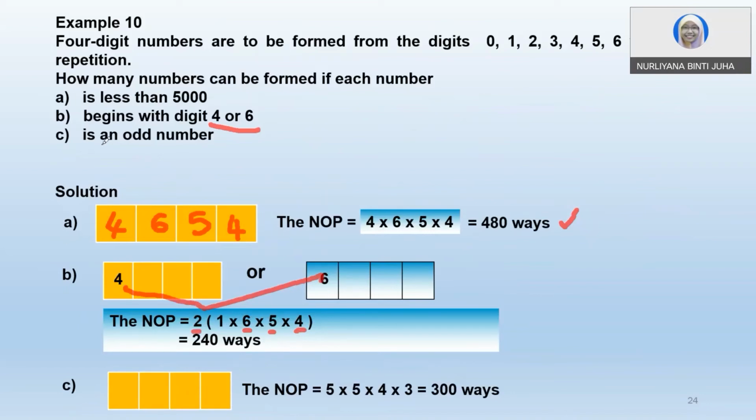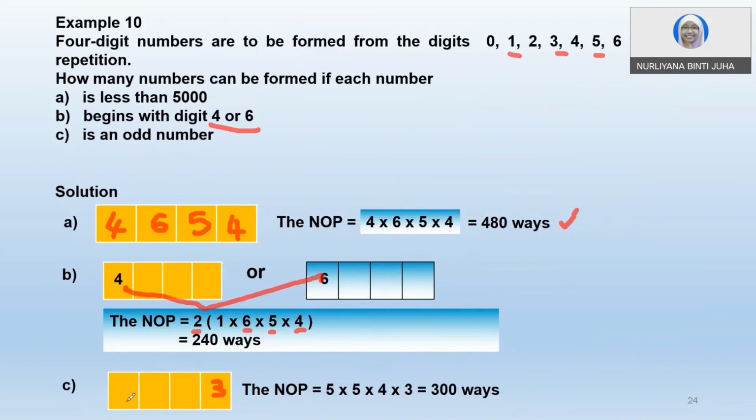Okay, the last one. The 4-digit number is an odd number. Maksudnya nombor ganjil. Kalau odd number meaning yang dekat belakang dia mesti nombor ganjil lah. So nombor ganjil we start with 1, 3 and 5. You only have 3 option at the back.